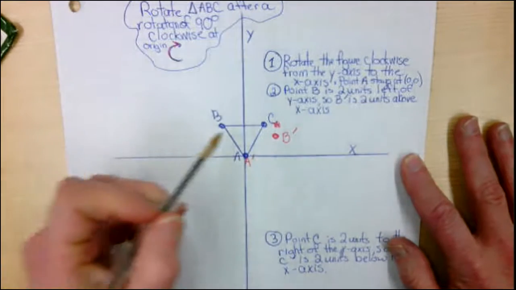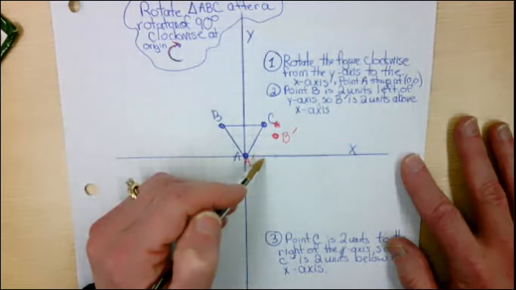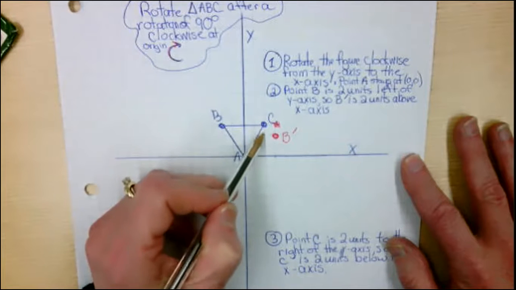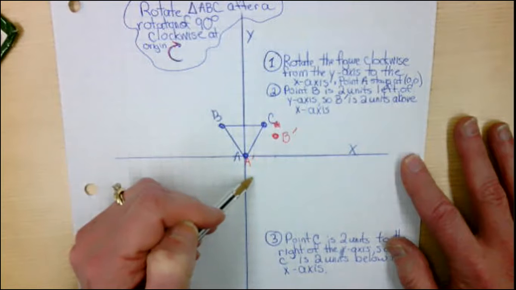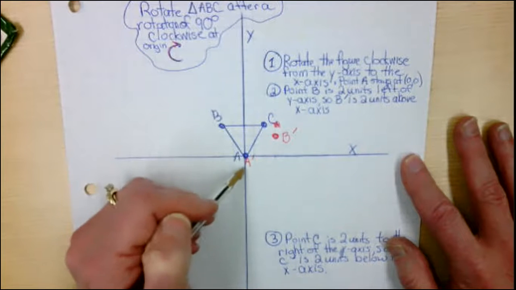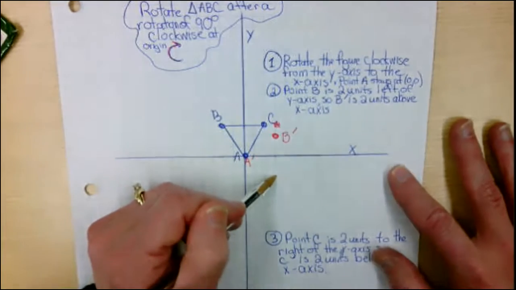And C, let's see what C is, 2 units to the right of y. So it's now going to be 2 units below x. It's currently 3 units above x. It's going to be 3 units to the right of y. 1, 2, 3.